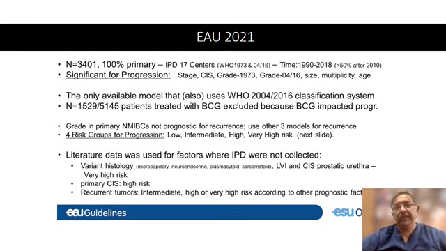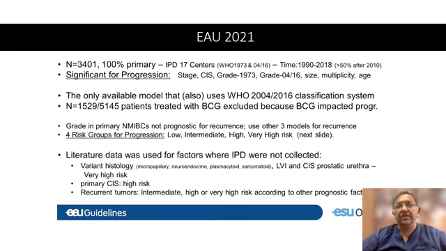We know low grade versus high grade, and T1, T2, and G1, G2, and G3 are the differences in models. Patients who were treated with BCG have been excluded so that the impact on progression can be assessed for the natural course of the disease.